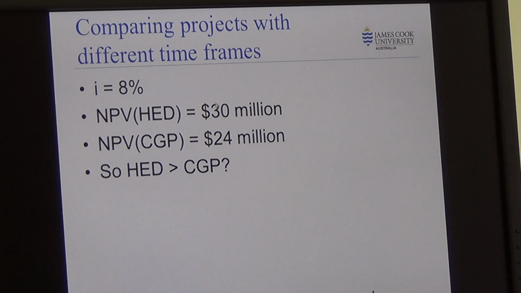So can we conclude that this hydroelectric dam project is better than the cogeneration project? No, we can't, because these two projects have different time frames. If we just compare 30 to 24, we are comparing bananas with apples, which is not good. So how to make a correct comparison?